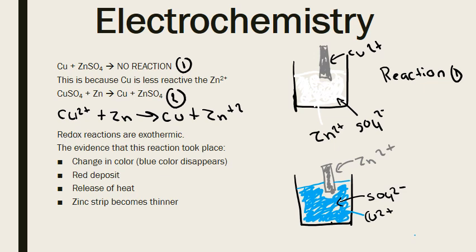And the evidence that this reaction took place is that there is a change in colour, so the blue will disappear because the Cu2+ will change into Cu. Red deposits will be found on the zinc metal, there is release of heat because it's a redox reaction, and the zinc strip located here will become thinner.